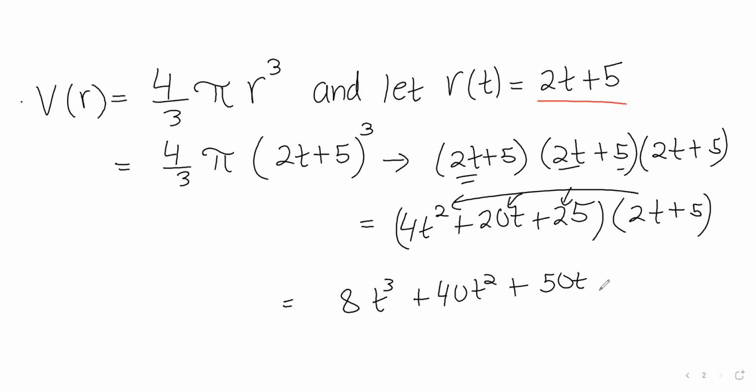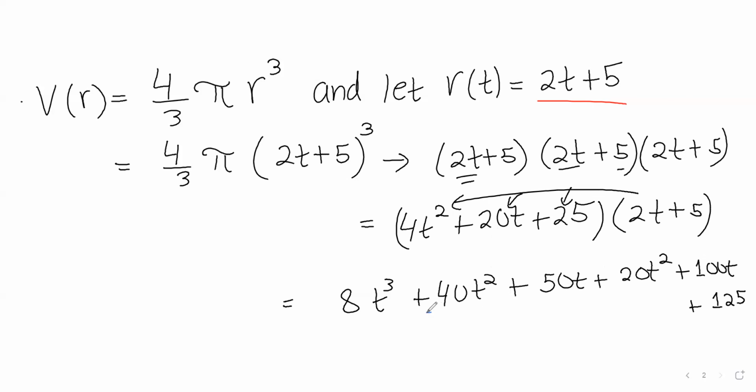Good. Now distribute the 5. So I get 20t squared. 5 times 20t gives me 100t. 5 times 25 gives me 125.